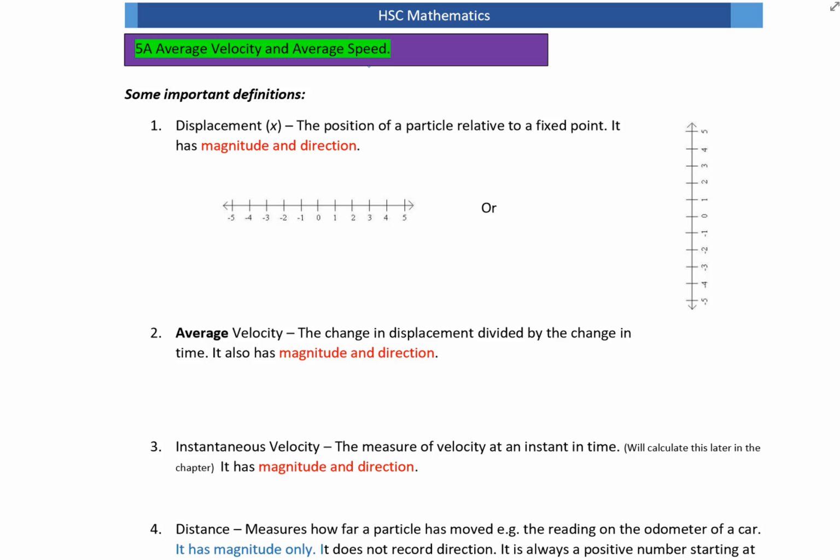So let's make sure that we have a really good understanding about some terms that are relevant to calculating velocity and relevant to calculating speed. So things like displacement. So the first term I'm defining for you is displacement.